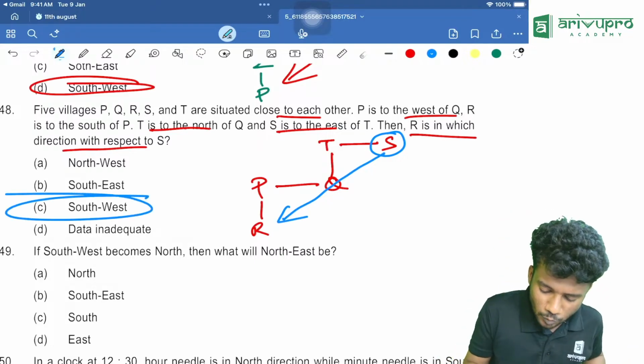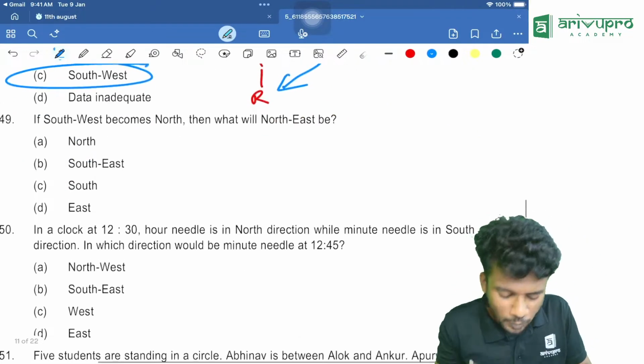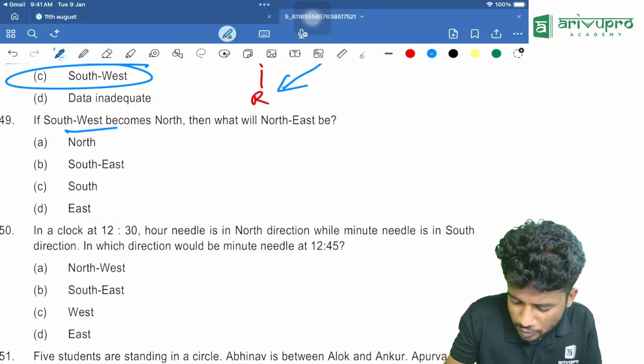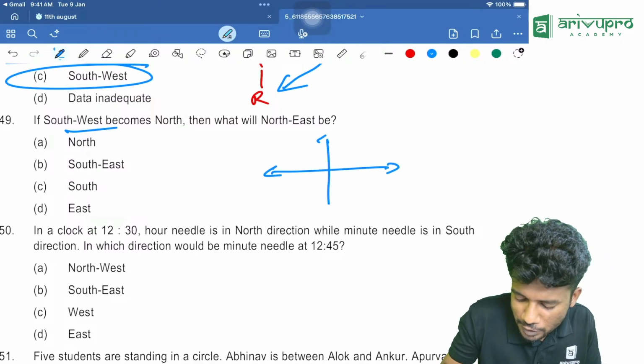Again the answer is southwest. Next one.